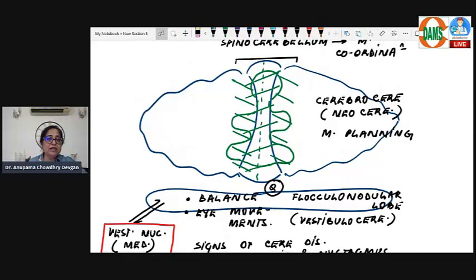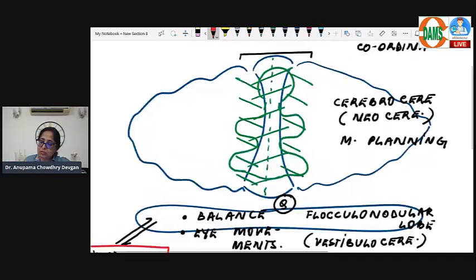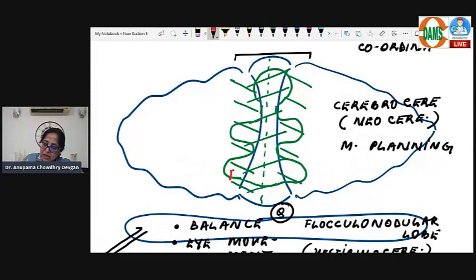Spinocerebellum, which is involved in coordination. Medial part, the part in the midline for axial muscle, the cerebellar nucleus which is associated is called the fastigial nucleus. Fastigial nucleus.